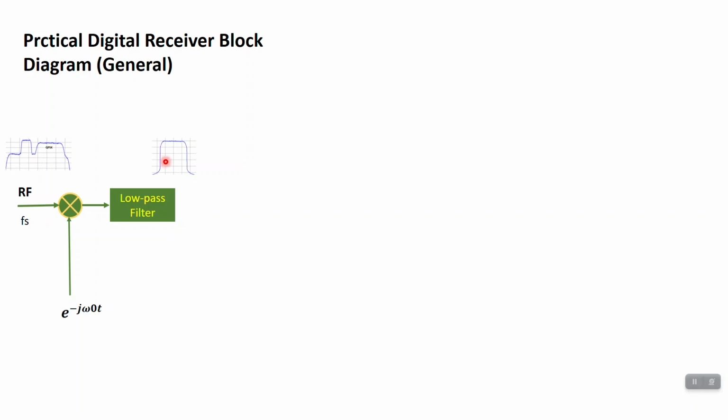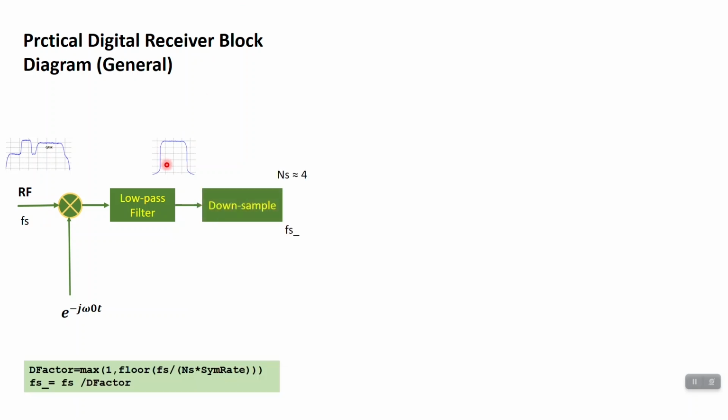Here, this signal is filtered and other harmonics removed, then downsampled by this factor, calculated by this formula, to have a number of samples per symbol after downsampling of about 4, not exactly. So the new Fs equals Fs divided by the D factor.